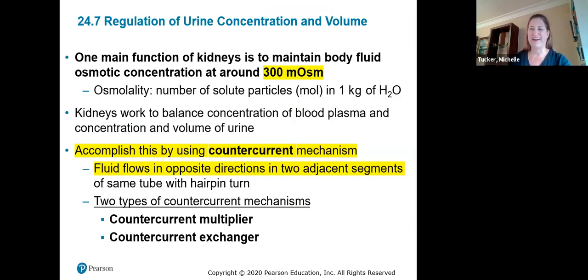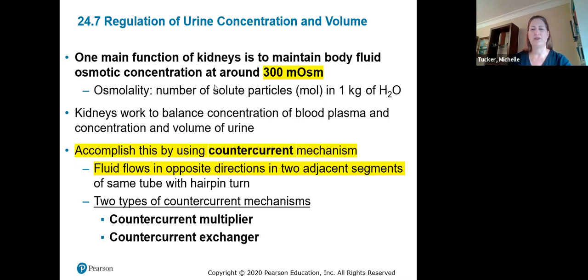If you go back to 1141 and osmolality and osmolarity, glucose would contribute 1 particle because it doesn't break apart in solution, whereas sodium chloride, because it breaks apart into sodium and chloride, contributes more to osmolarity, osmolality. I'm just going to mention now that osmolality and osmolarity are used interchangeably. The difference is essentially zero.